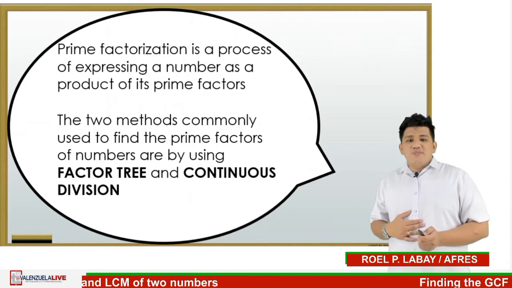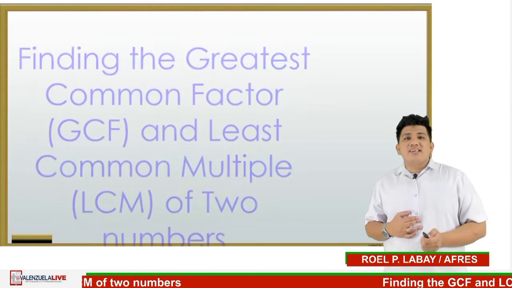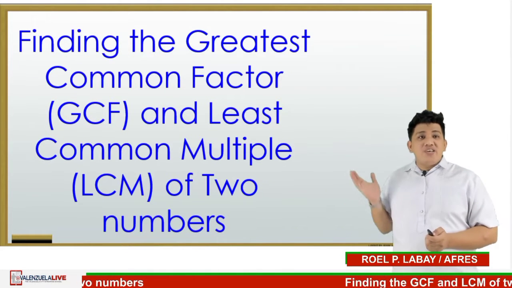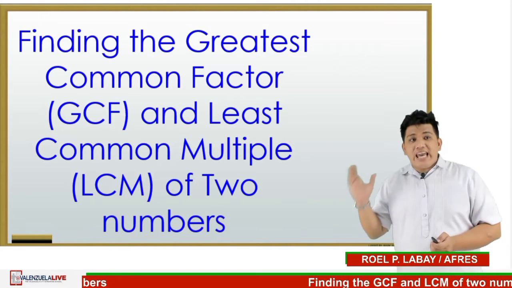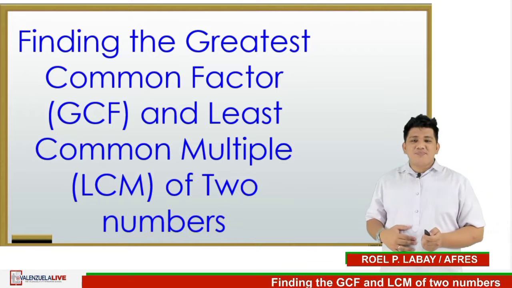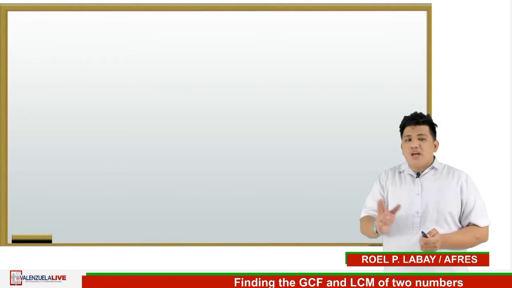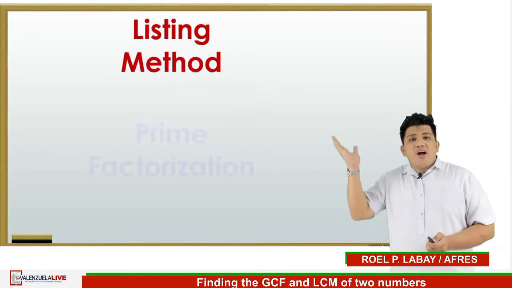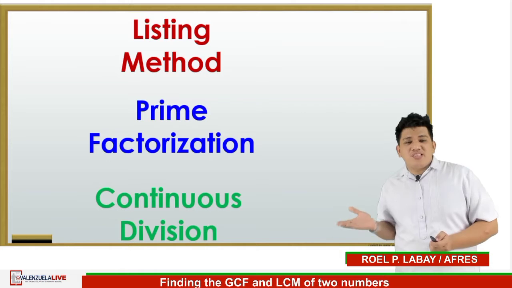Now, let's move on to our next topic, which is finding the greatest common factor, or the GCF, and the least common multiple, or the LCM, of two numbers. We can find the GCF and LCM of two numbers by using listing method, prime factorization, and continuous division.